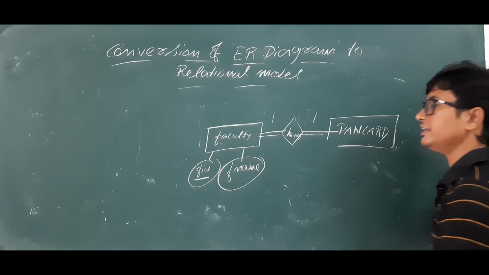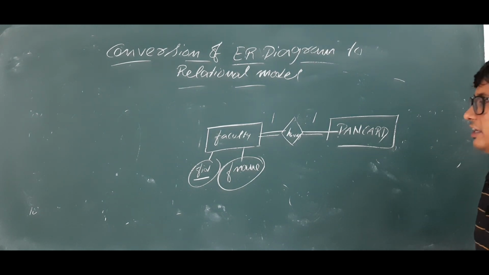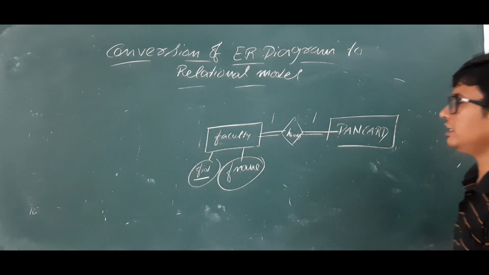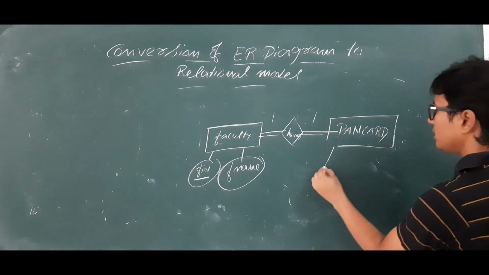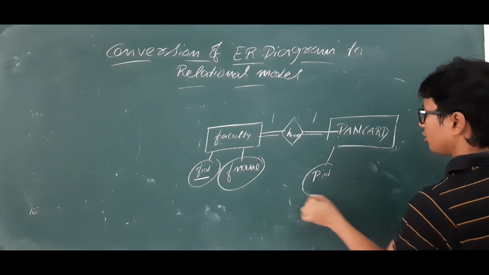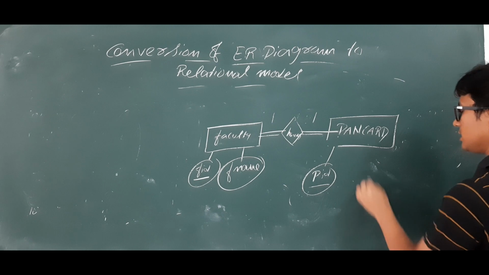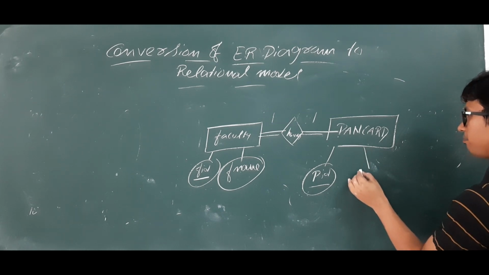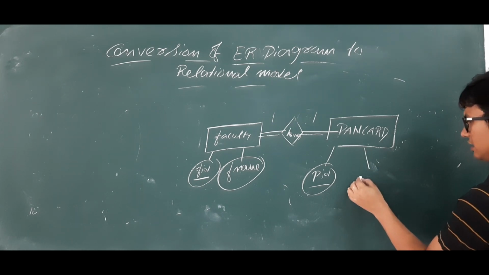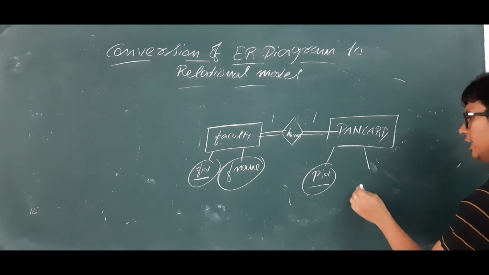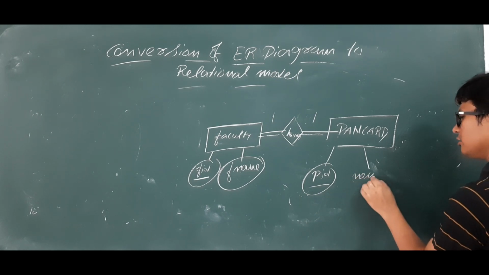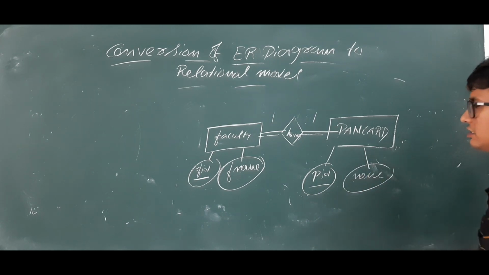Now faculty ID is acting as the key attribute for the faculty entity. PAN card will have the PAN card ID, which is acting as a key attribute, and PAN card will have a number and a name, the name of the person. Let's take that just as an example.